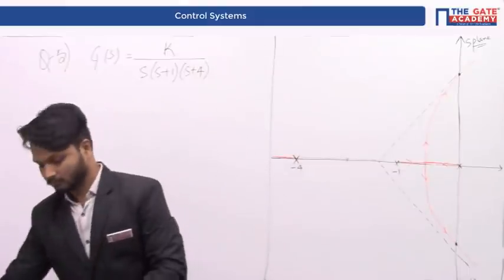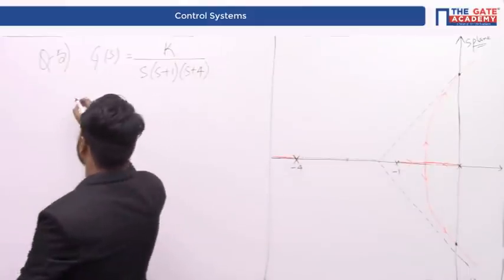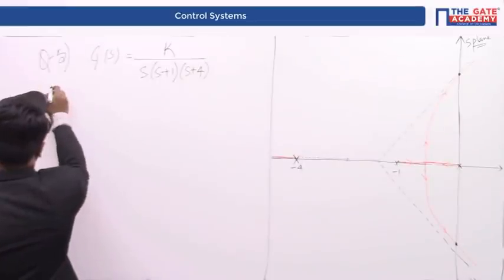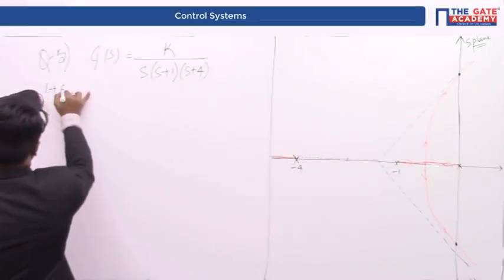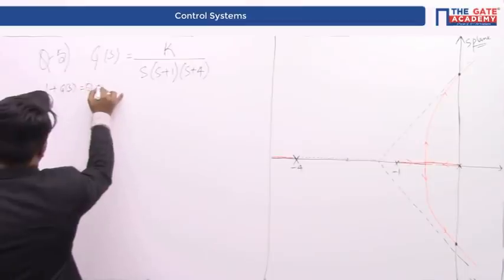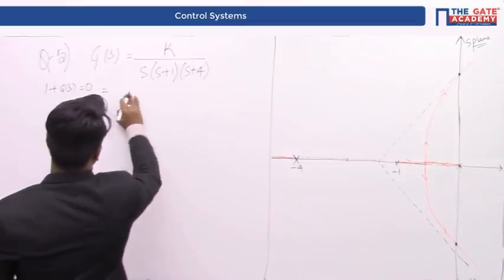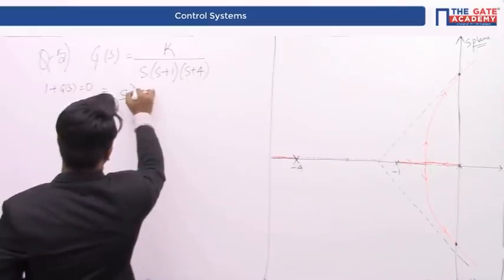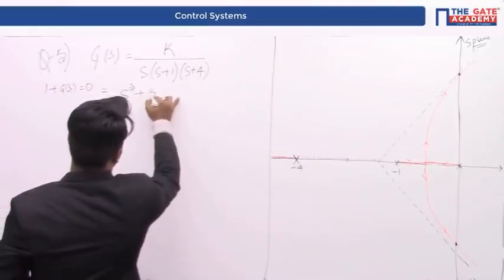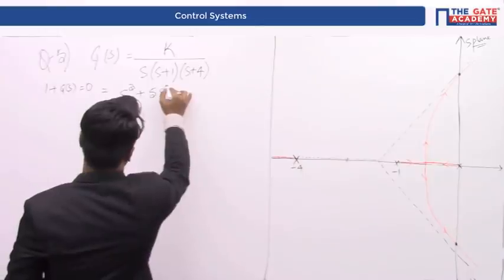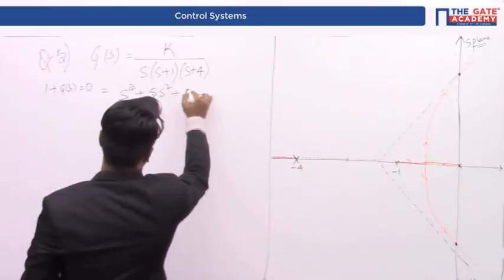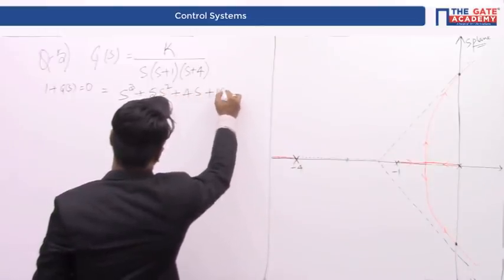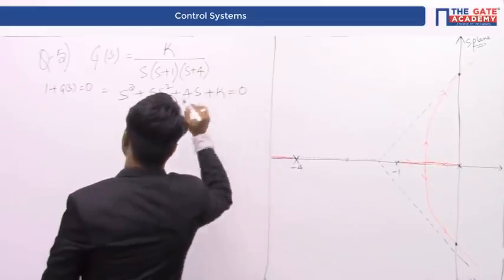Therefore, the closed loop characteristic equation is 1 plus G of s is equal to 0. That is equal to s cube plus 5s square plus 4s plus k is equal to 0.